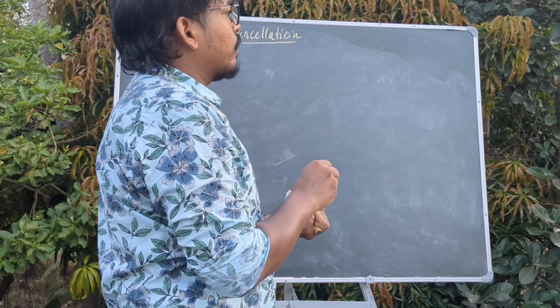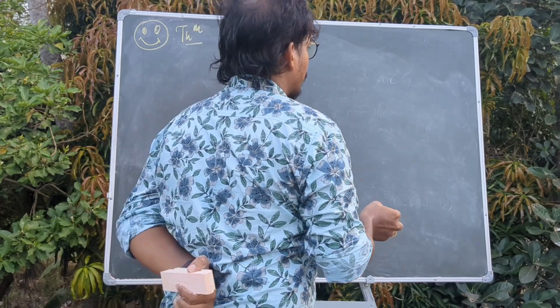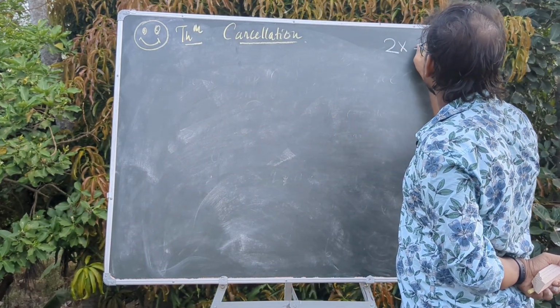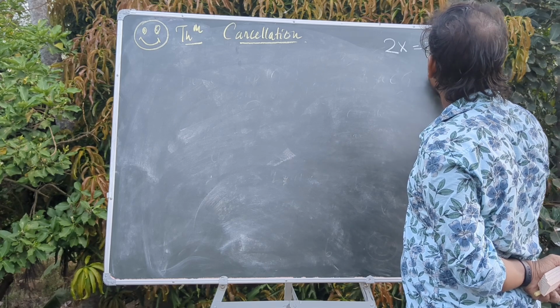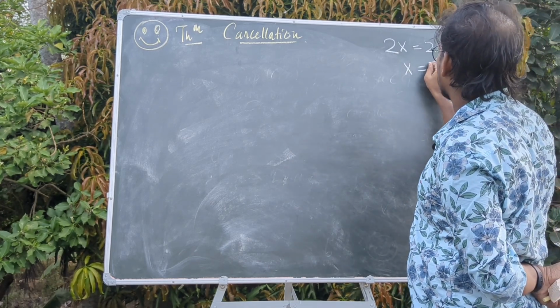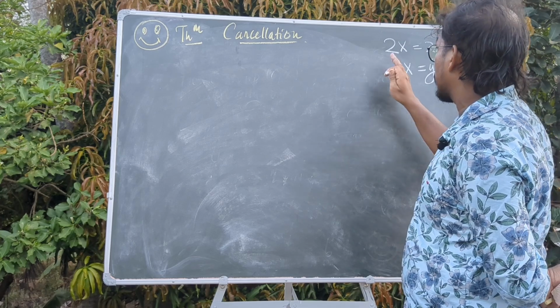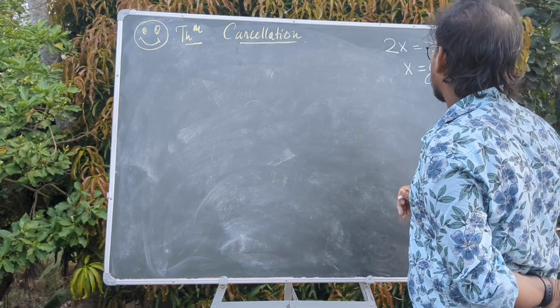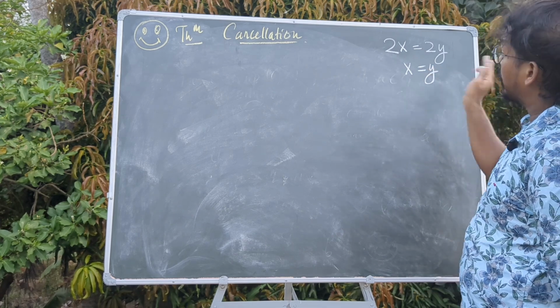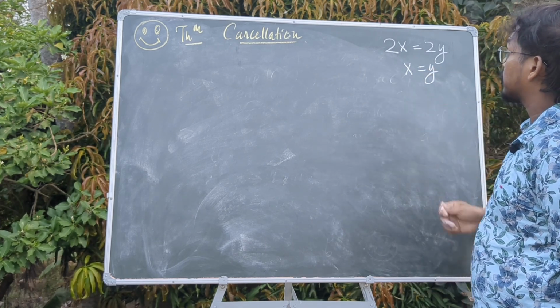When we are dealing with algebra, when we have one equation 2x equals 2y, we used to cancel 2 and write x equals y. We are all familiar with cancellation. We used to cancel things from each side of the equation. But is it true for every case?